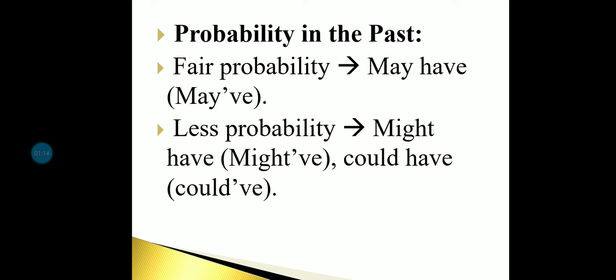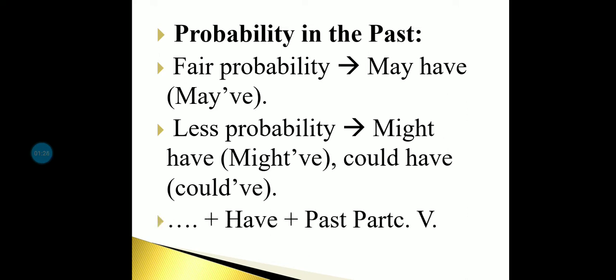To express this, you can use might have or could have. So based on that, you can see that the form to use is the modal plus have plus past participle verbs, or verbs 3.